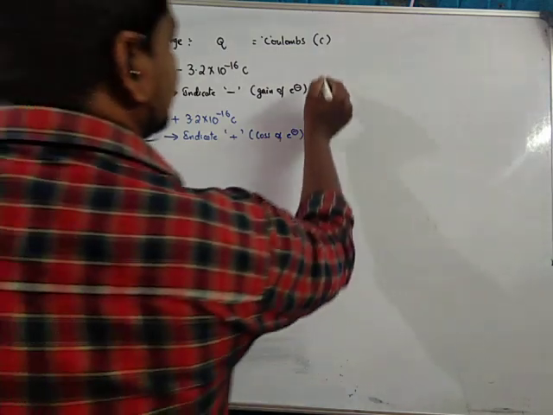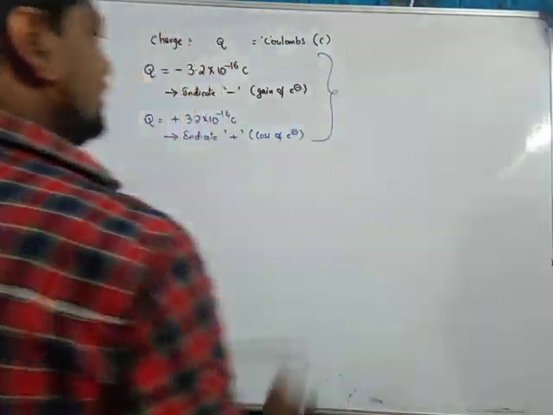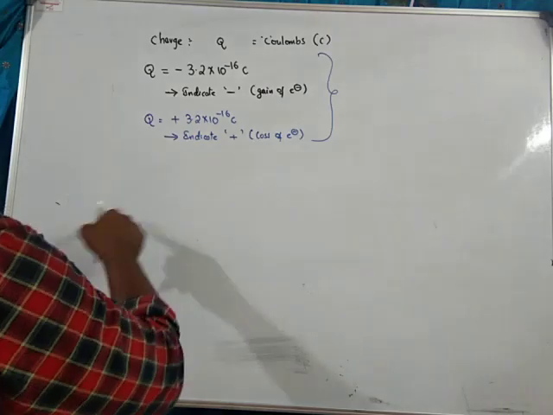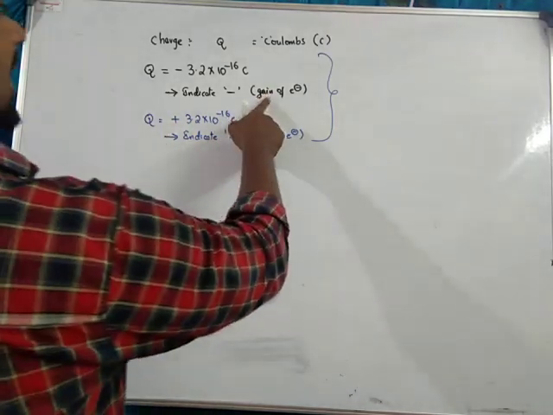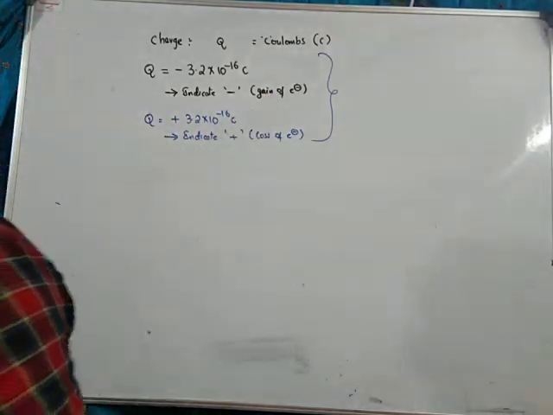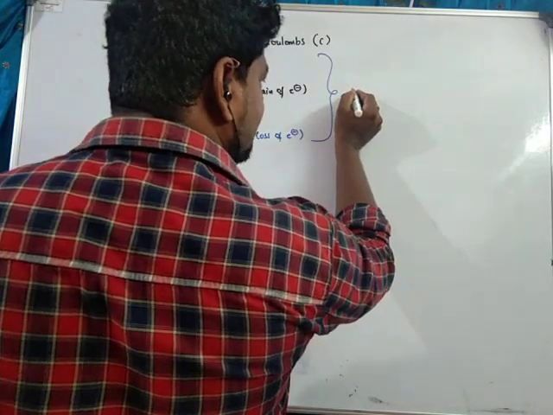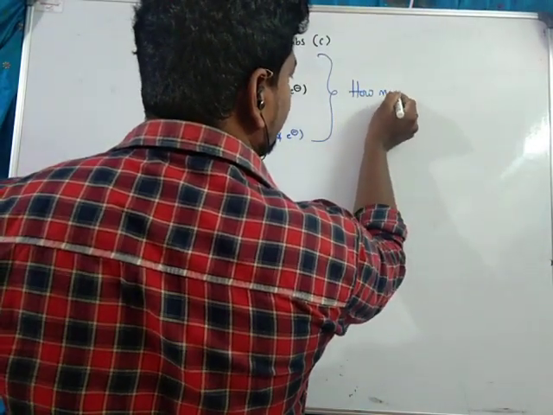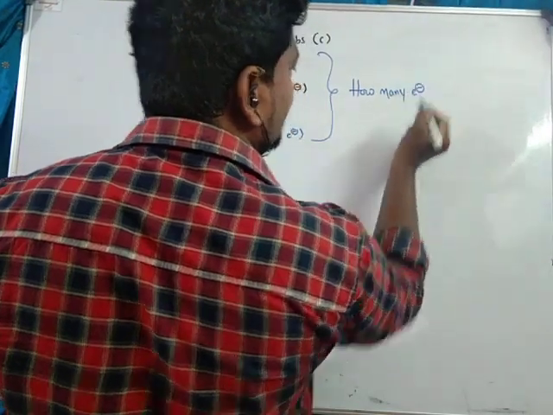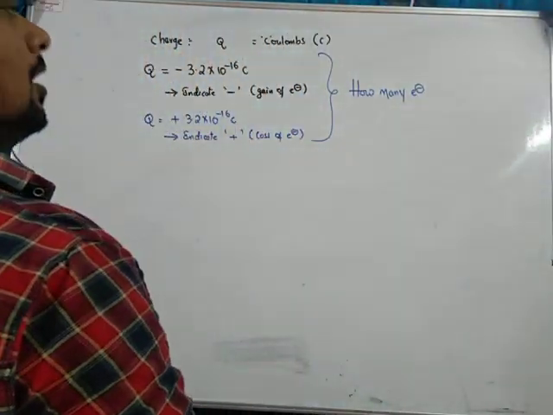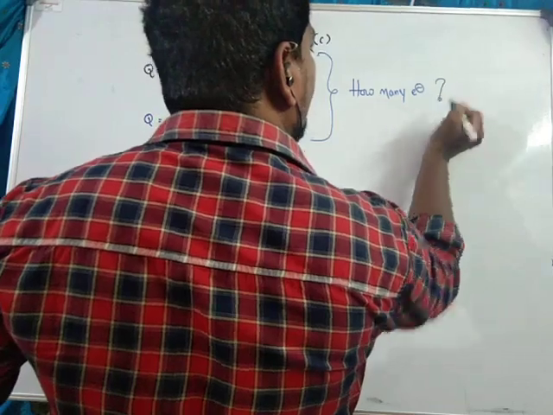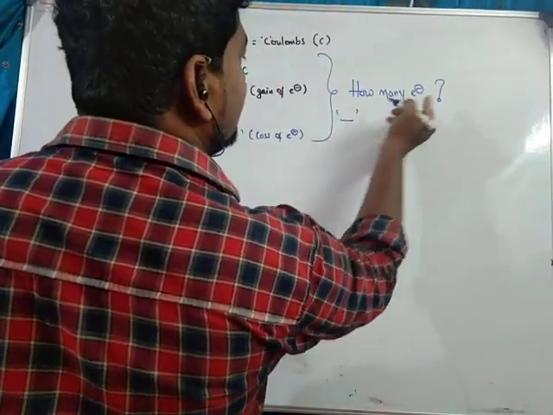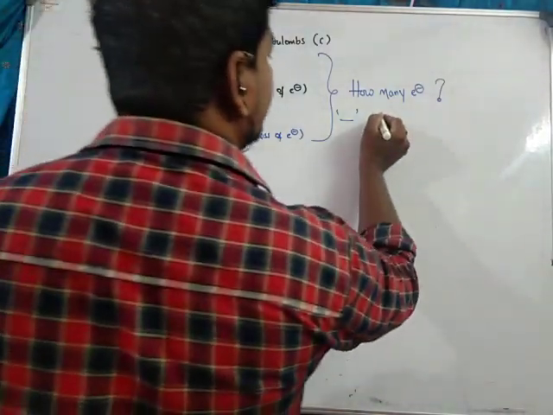So automatically we get the question: how many electrons? For a negative charge, how many electrons do we gain?